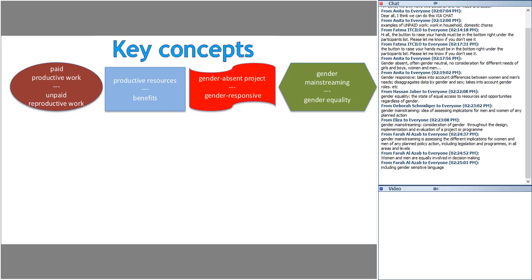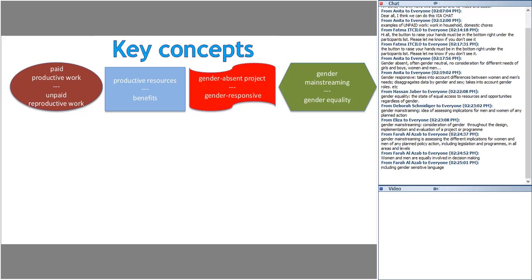And Sarah added, including gender-sensitive language, women and men equally involved in decision-making, and gender mainstreaming, assessing different applications of any planned policy action, including legislation and programs. Yes, in all areas, all levels, and women and men are equally involved in decision-making, including gender-sensitive language.